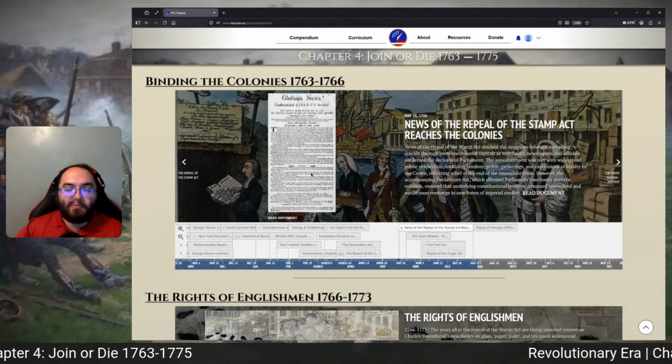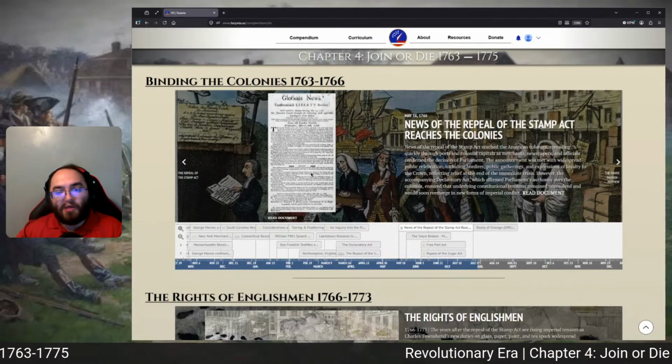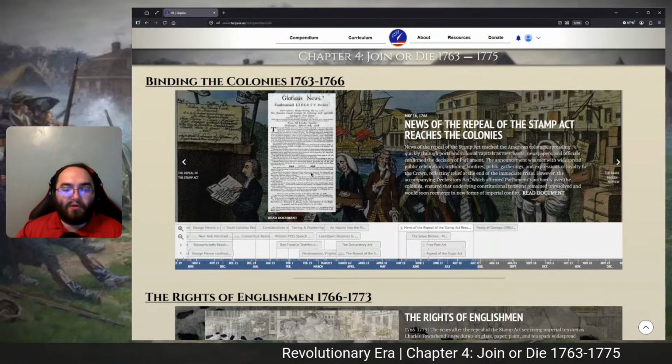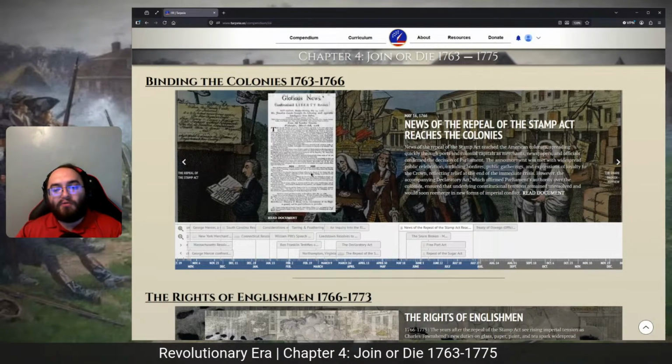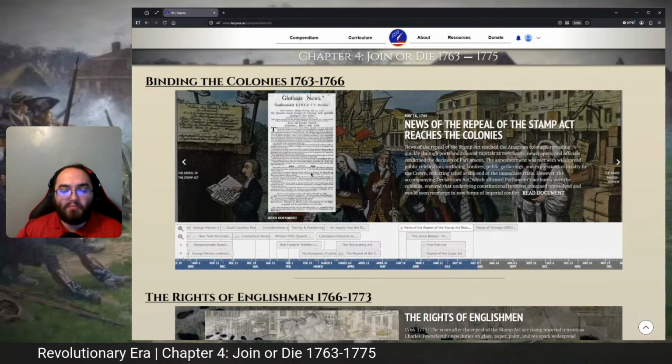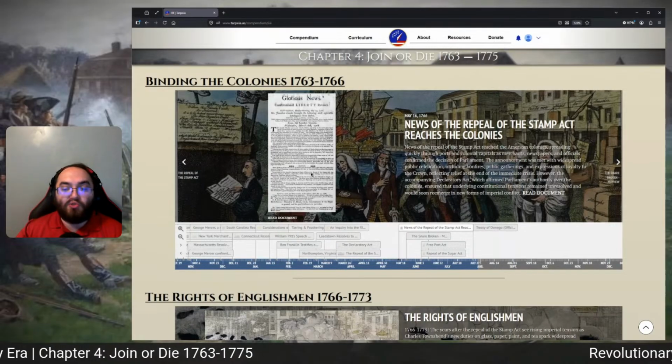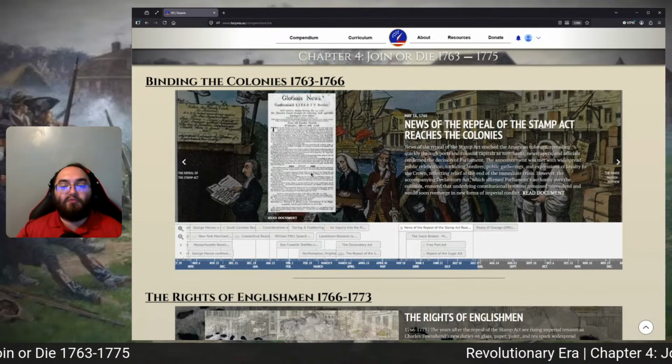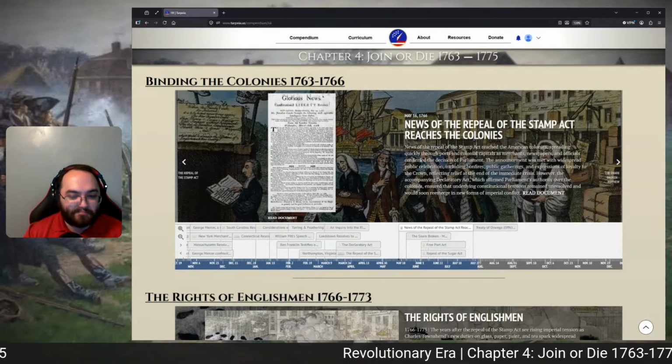However, the accompanying Declaratory Act, which affirmed Parliament's authority over the colonies, ensured that underlying constitutional tensions remained unresolved and would soon reemerge in new forms of the imperial conflict.